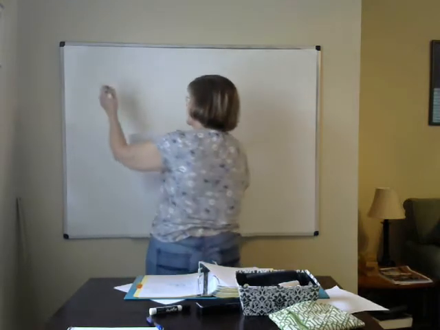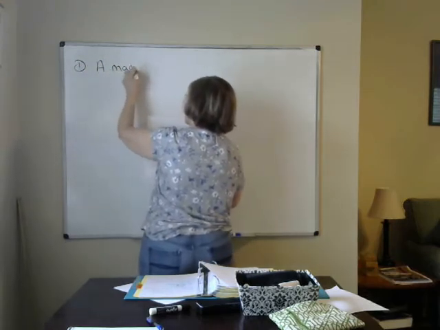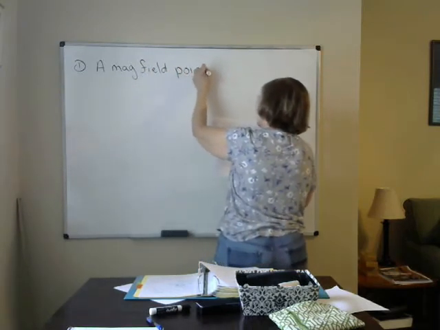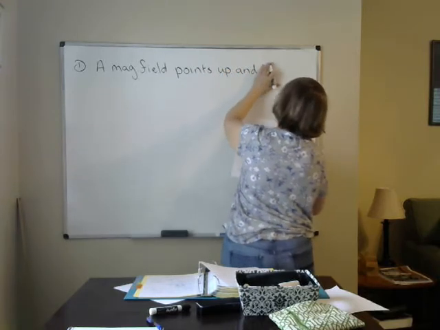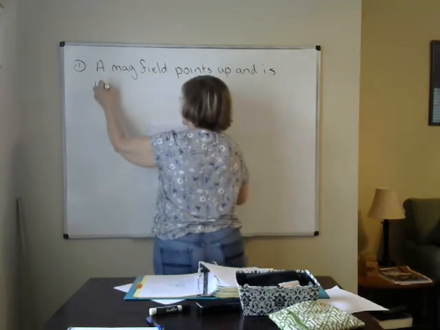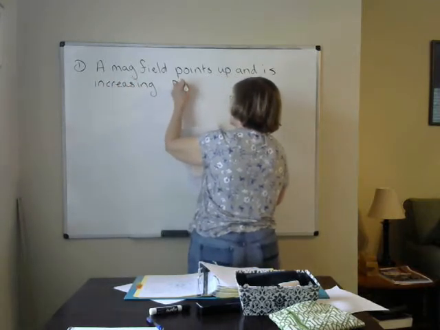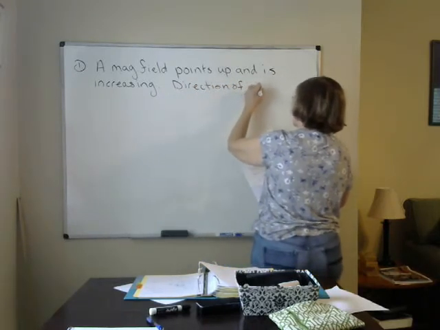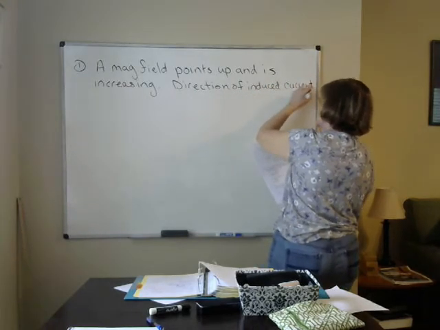So let's look at a couple of examples. Suppose that we have a magnetic field, and it points up and is increasing. Let's see if we can find the direction of the induced current. So here's my picture.